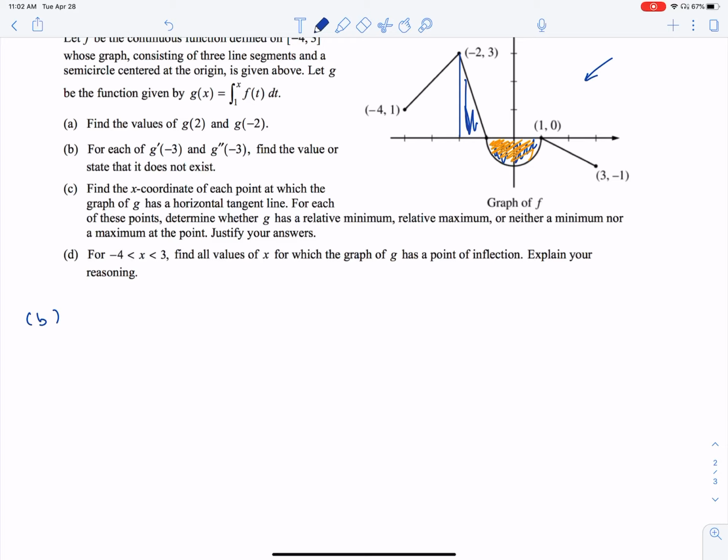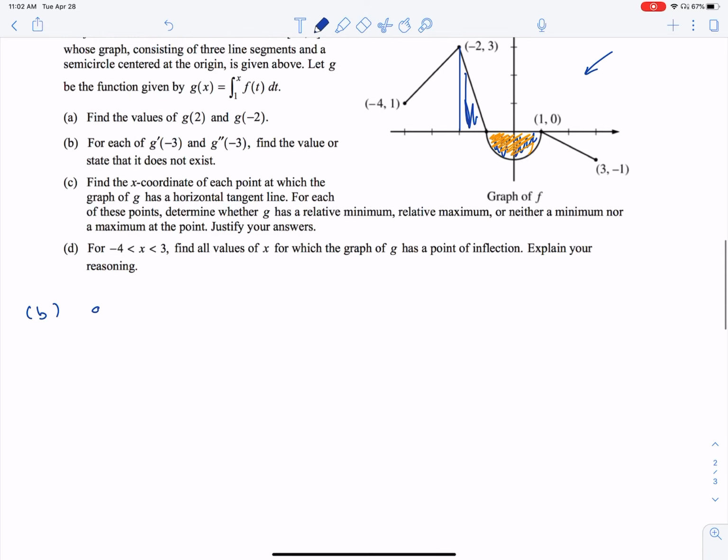For each of g prime of -3 and g double prime of -3, find the value or state if it does not exist. Okay, let's start with the first one. They said g prime. So I'm going to start with g prime of x. Actually, let's backtrack one step. Probably don't need to, but for completeness' sake, g of x equals this, which was just given.